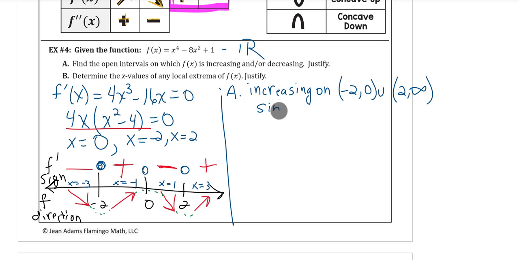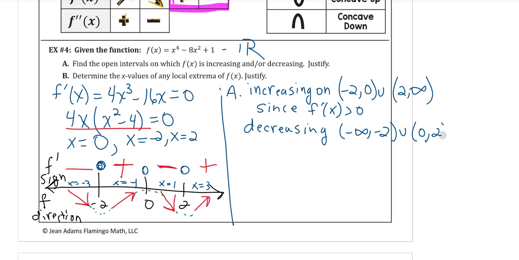And our reasoning is, since f prime of x is greater than 0. It's going to be decreasing from -infinity to -2, union 0 to 2, since f prime of x is less than 0.